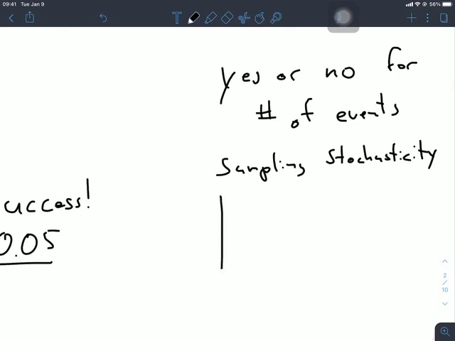Now, ultimately, what you're going to see with the binomial distribution is oftentimes called the cumulative distribution function.